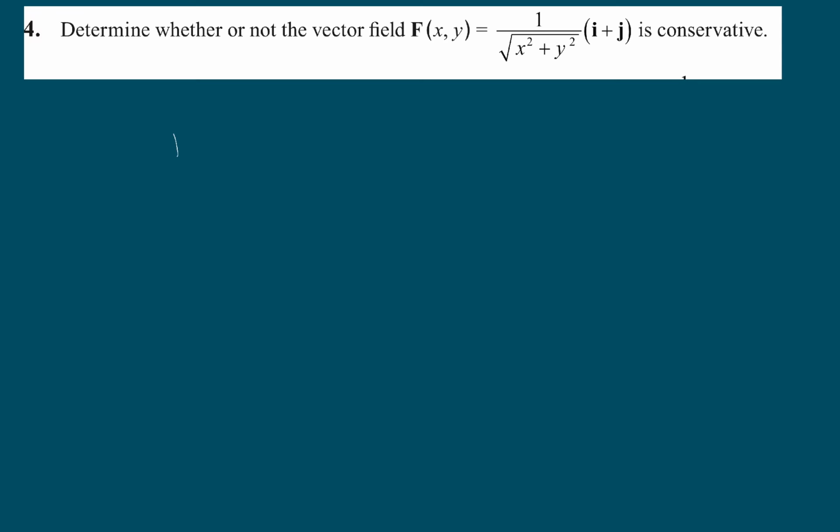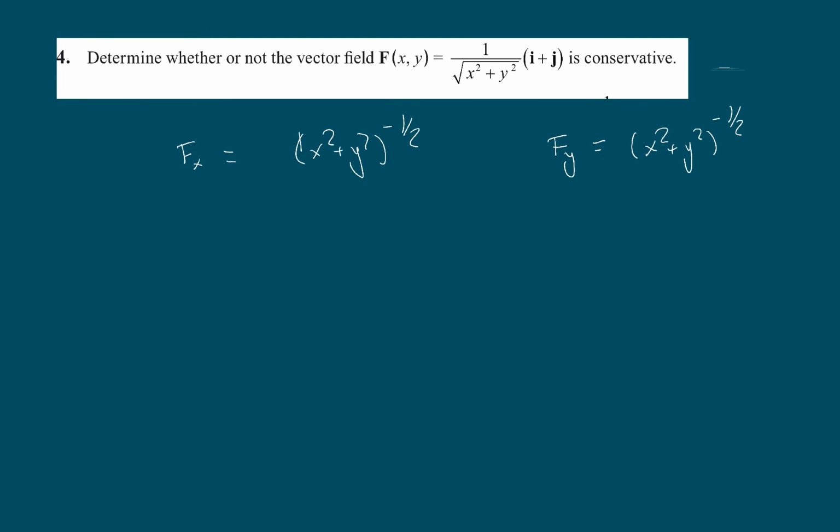Who is the x component of the vector field? The x component of the vector field is 1 over x squared plus y squared to the power minus 1/2. Who is the y component of the vector field? The y component of the vector field is, again, x squared plus y squared to the power minus 1/2.